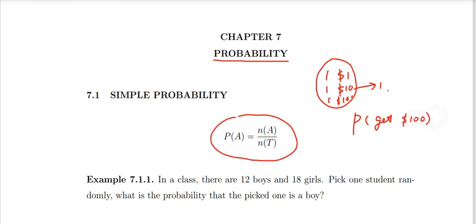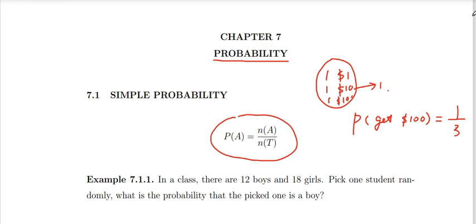Such a chance is 1 over 3, right? Because in total we have 3 cases. You can get $1 or $10 or $100. Totally we have 3, and $100 is just one case, right? So 1 over 3. We just use this formula to find the probability.